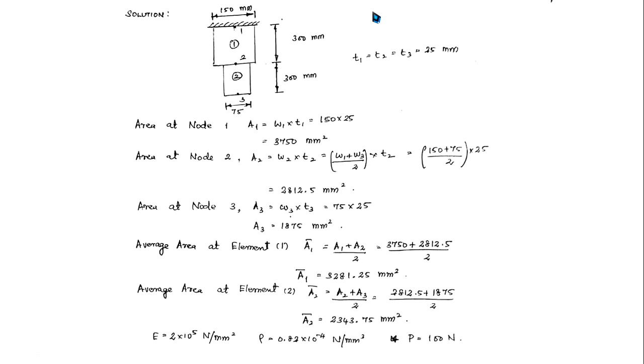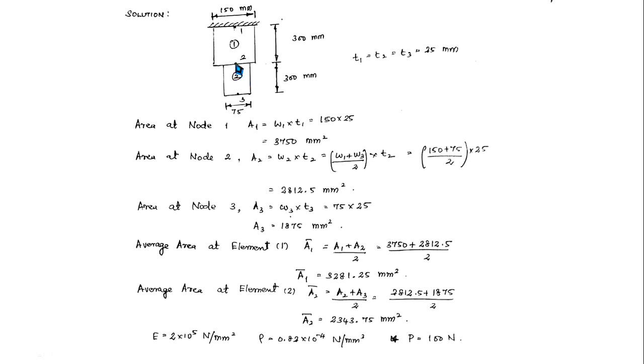So this is the first step. What they have done is they have converted the tapered bar into a stepped bar of two sections. This is section 1 of width 150 mm and length of 300 mm, whereas for the second element, they have gone with the shortest width of 75, and as usual the length will be 300.